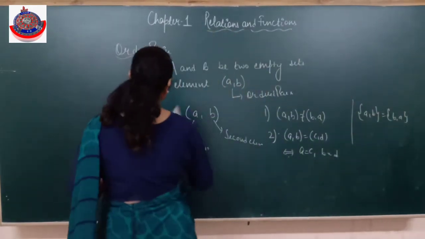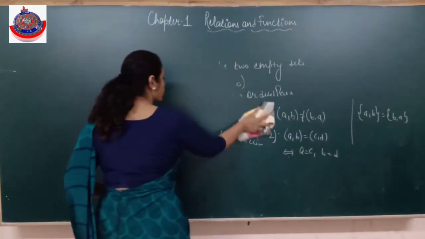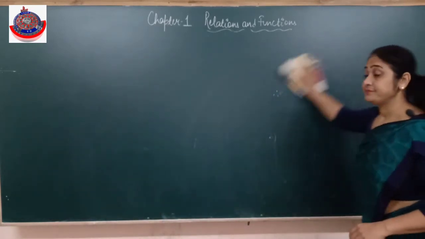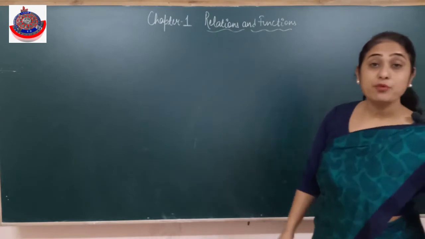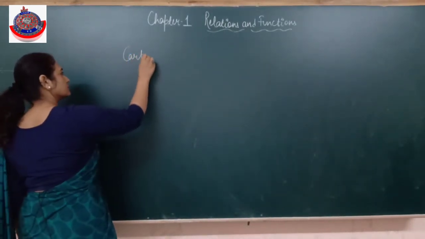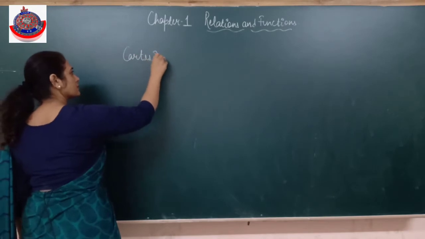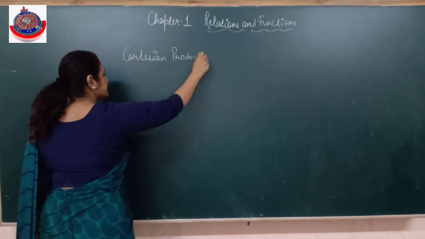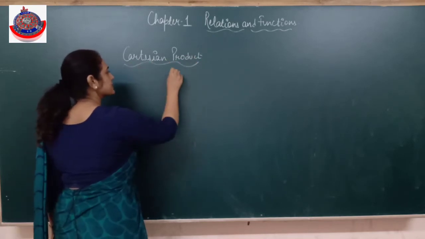Now the next thing we did in class 11 was Cartesian product. I hope you all remember. Let A and B be two sets.